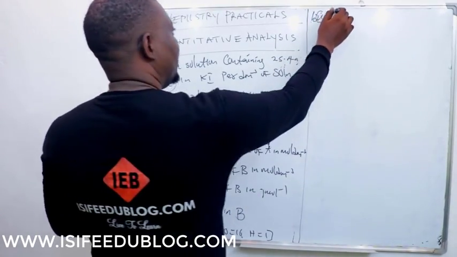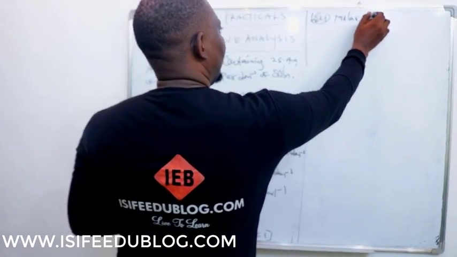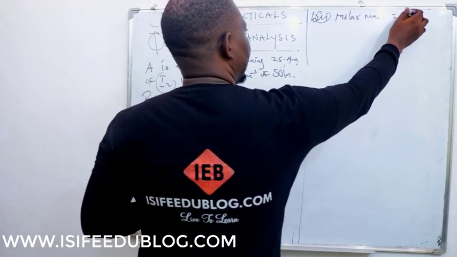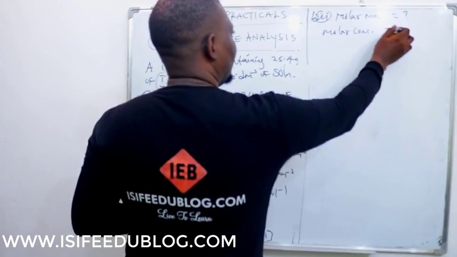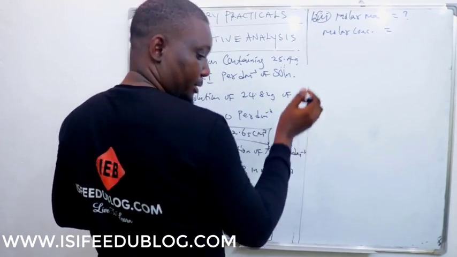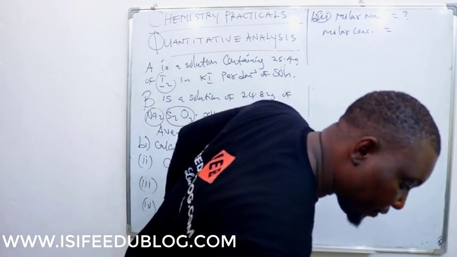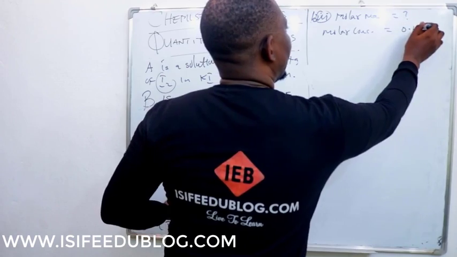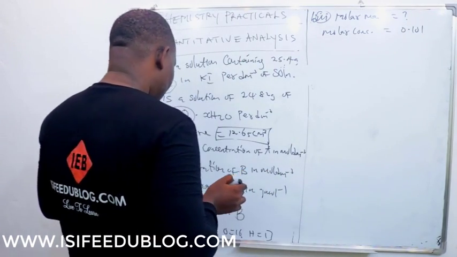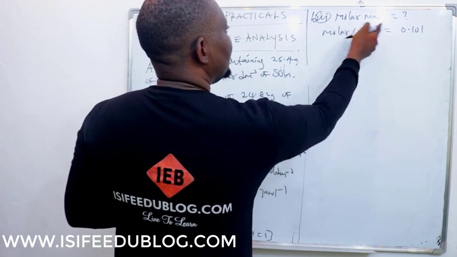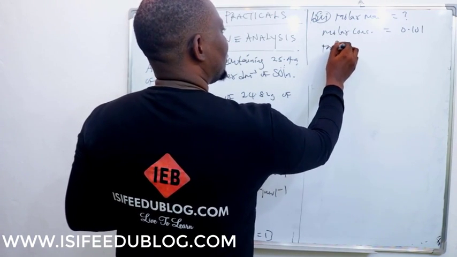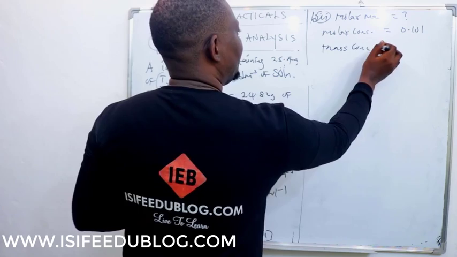BIII, which is the molar mass. So we are looking for molar mass of B is unknown, but we know the molar concentration. Molar concentration of B is, we have it as 0.101, okay? And then we are going to find the molar mass, so we know molar conc. So we know the mass conc already from the question how B is prepared.